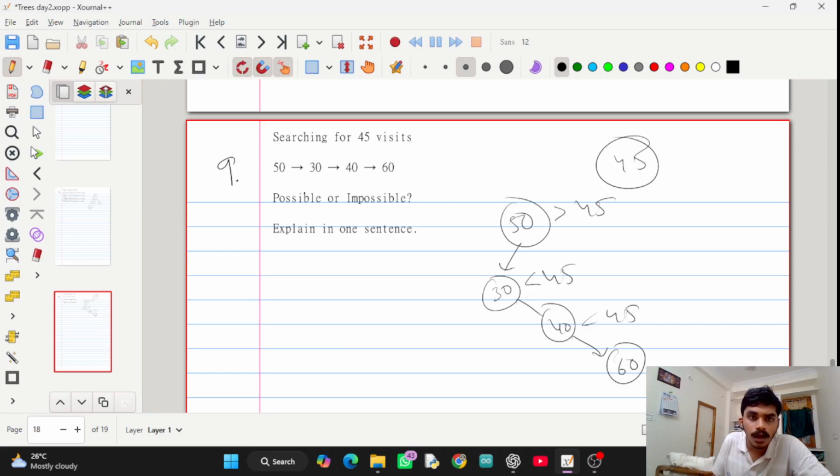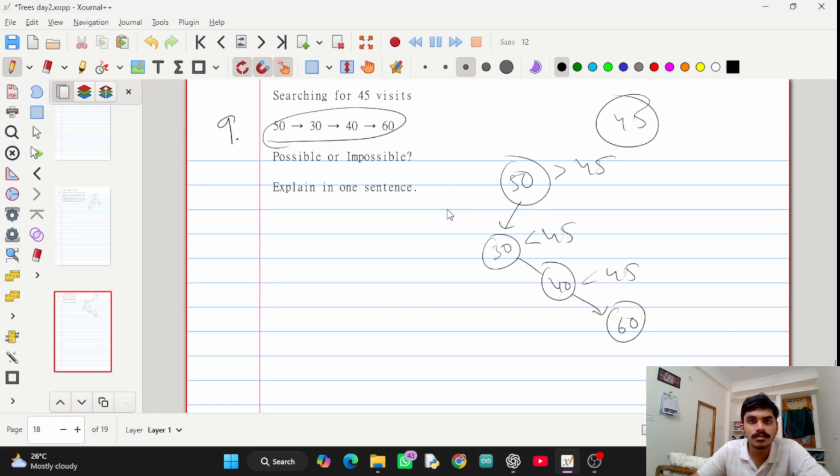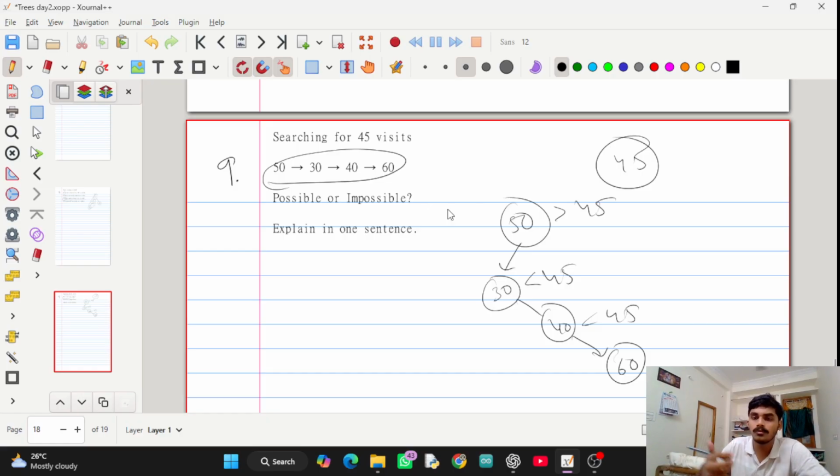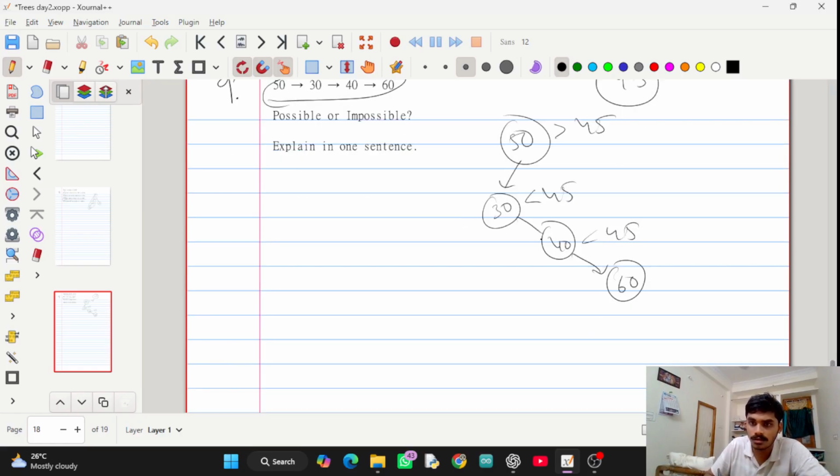So as far as this is concerned, there is still a chance of finding 45 if there is a traversal like this, 60, 45. This is possible because if we consider this as a tree, 50 is less.